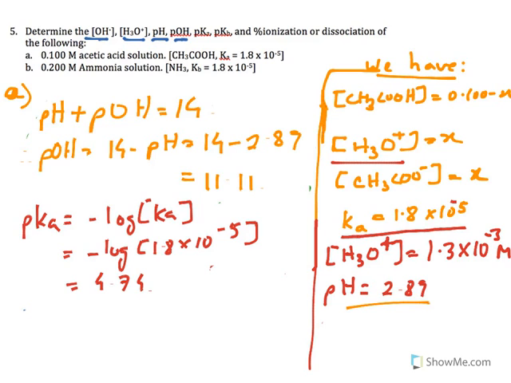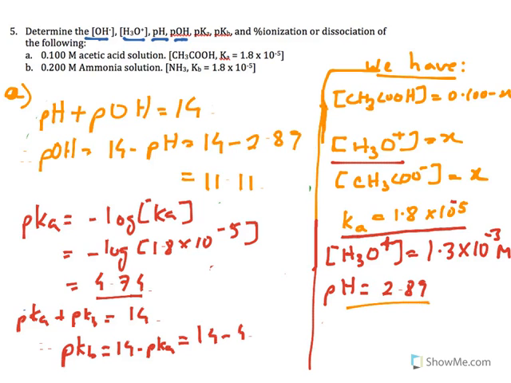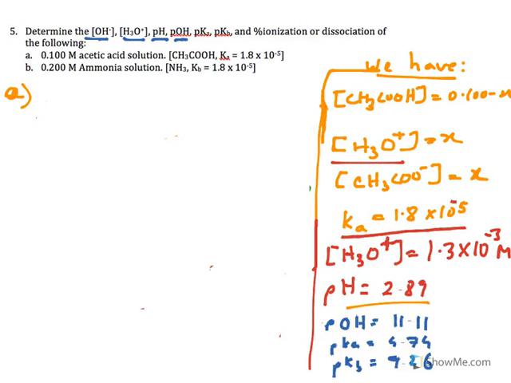And just like before, we know that pKa plus pKb is equal to 14. Therefore, our pKb is going to be equal to 14 minus pKa. We already know our pKa as 4.74, so it's going to be 14 minus 4.74, which is equal to 9.26. Now that we have almost everything, we only have percent ionization left to find.